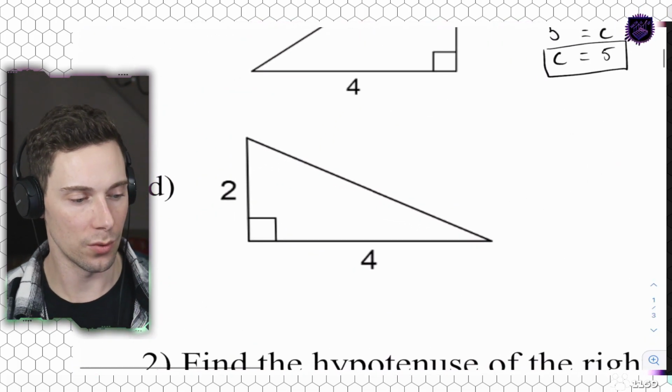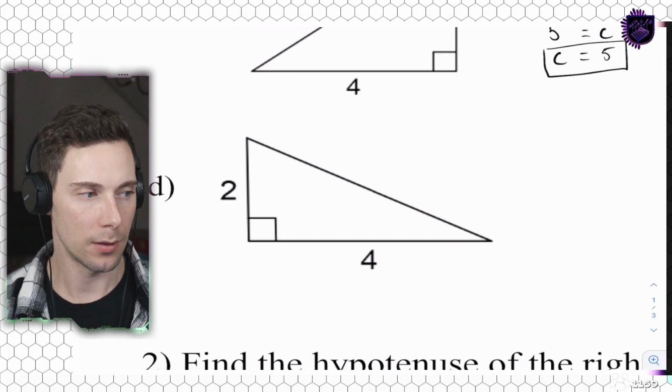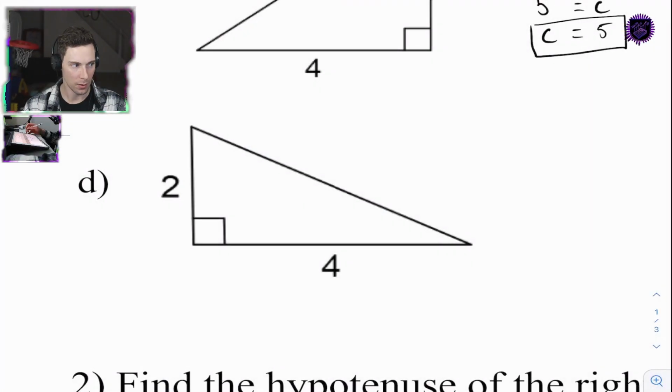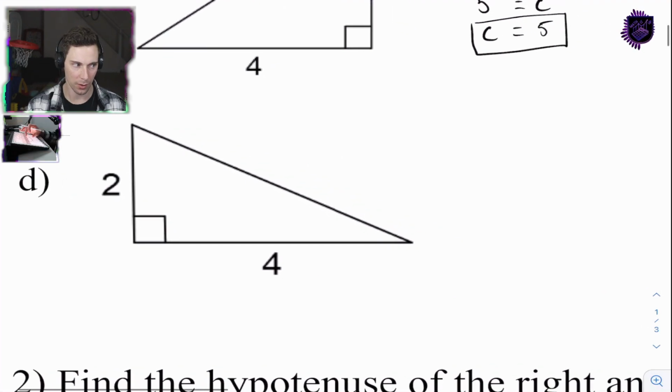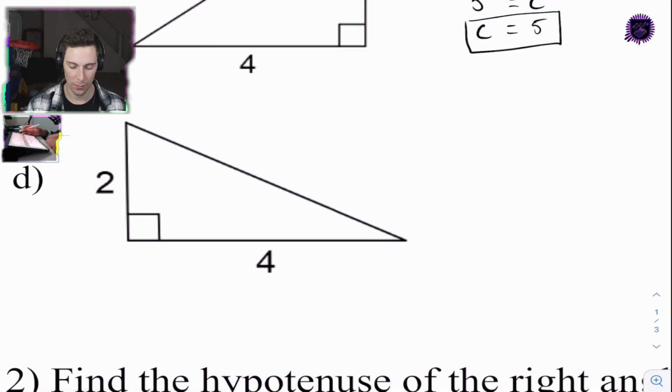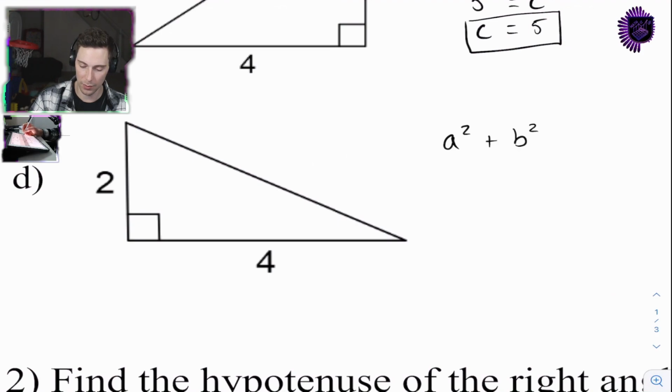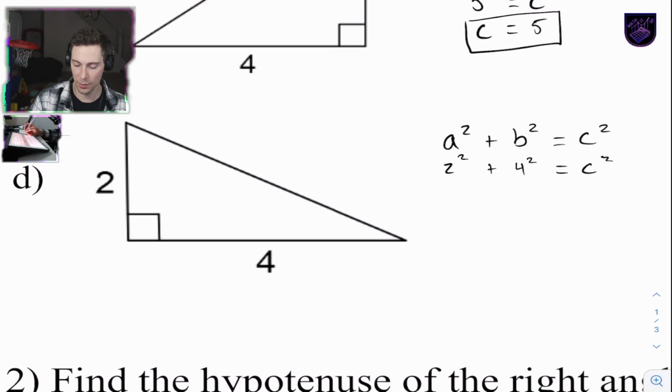So let's go to 1D, 2 and 4. So once again, a squared plus b squared equals c squared. 2 squared plus 4 squared equals c squared.